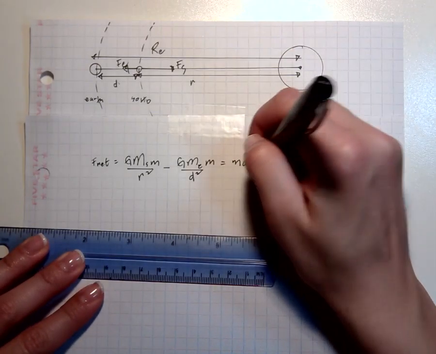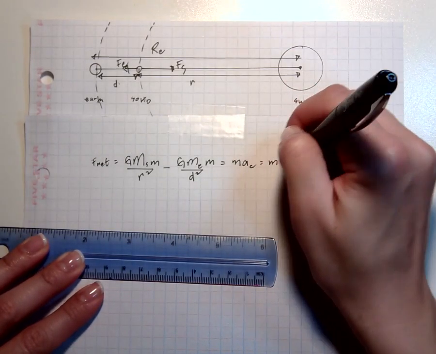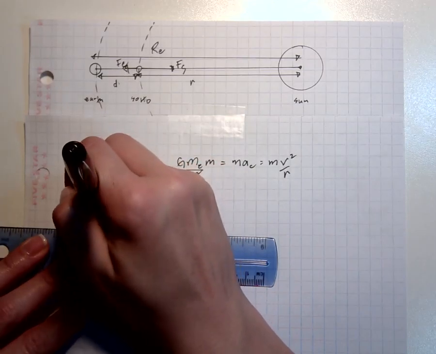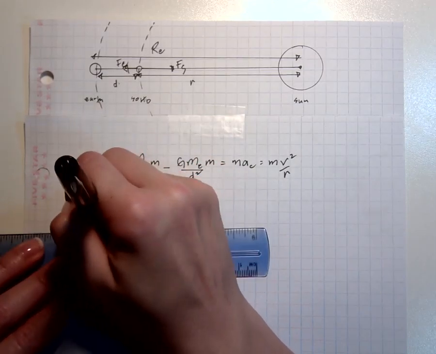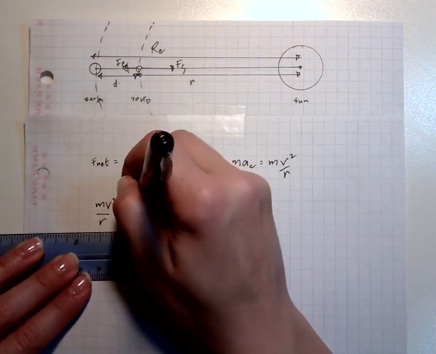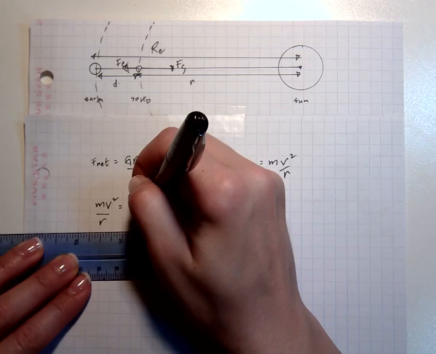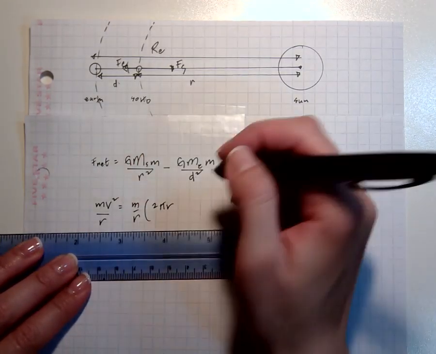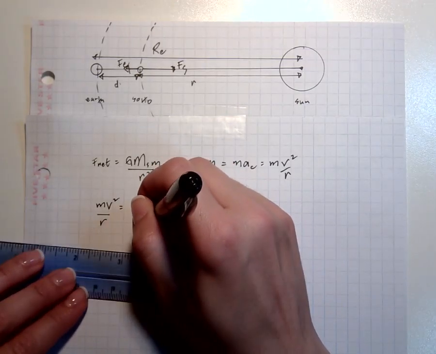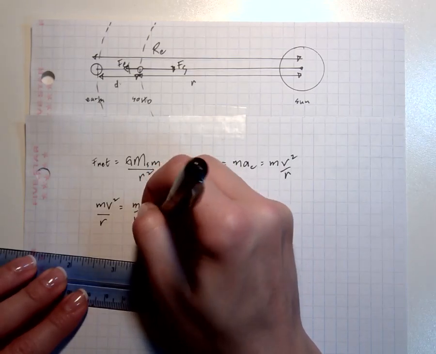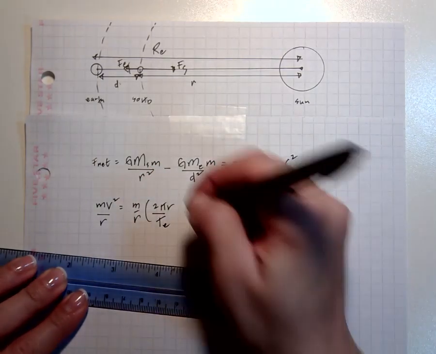In general, the centripetal acceleration is v squared over r. So we can fill in some details. Let's look at m v squared over r. Factor out m over r. v squared is going to be equal to the distance, 2 pi r, about one orbit divided by the time, the orbital period, which we were given.